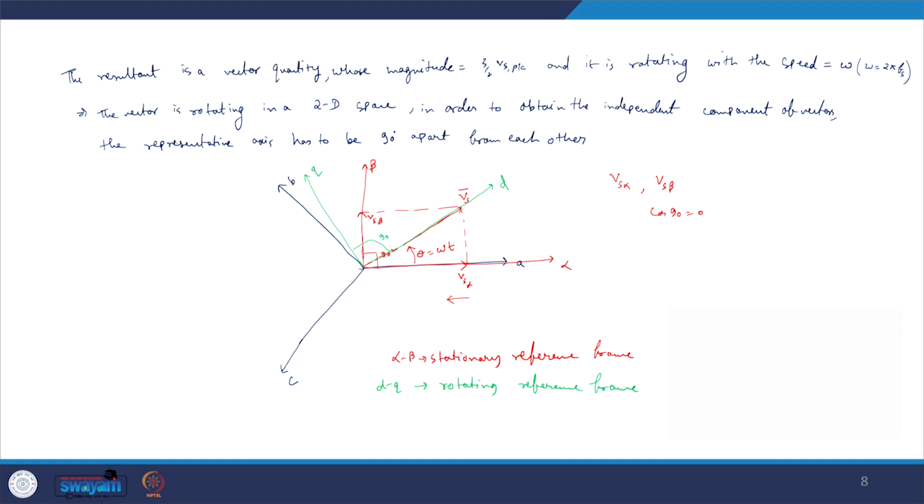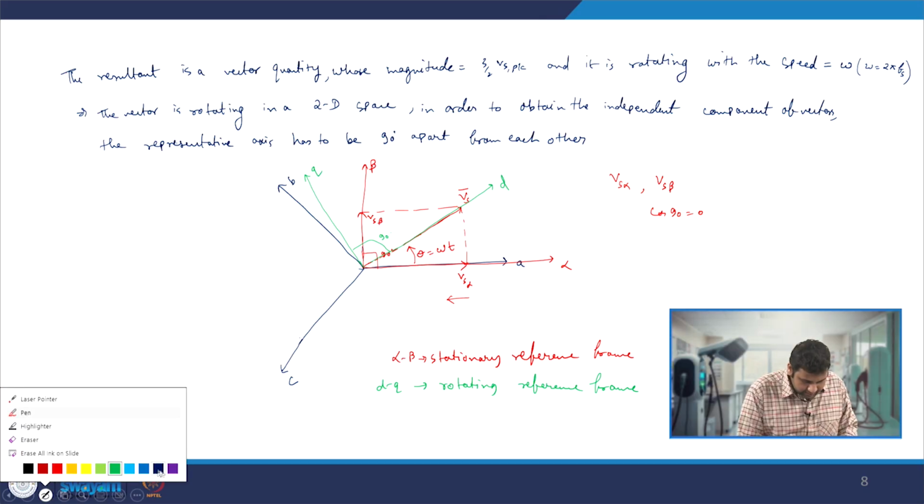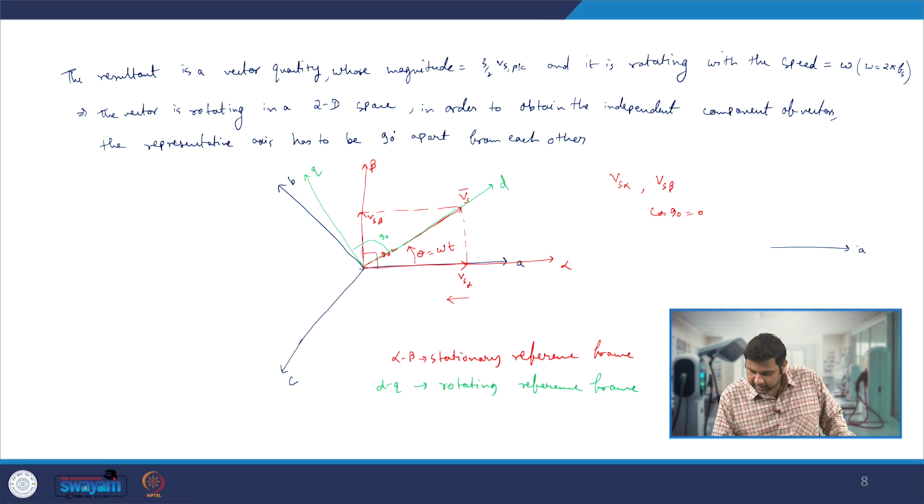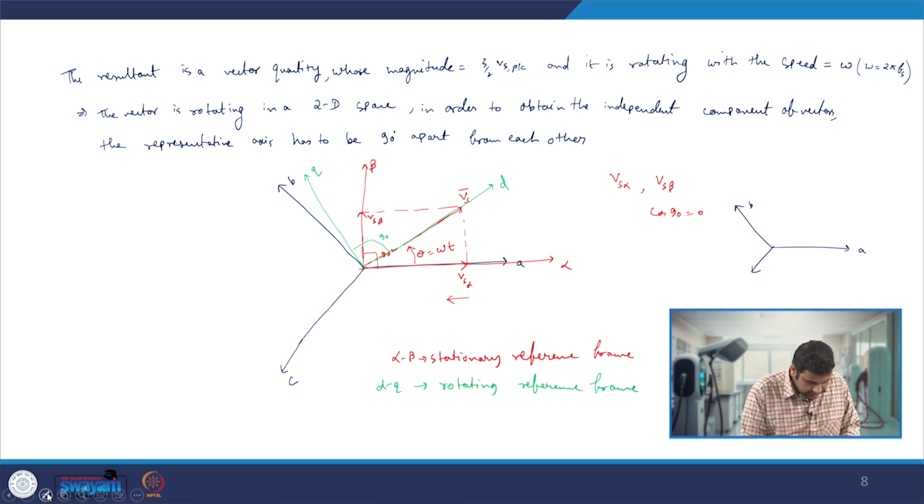Now let us take another example, where at omega t equal to, let us say, the A, B, C phase, and let us define my alpha axis and my beta axis, and let me define this as the Vs vector.